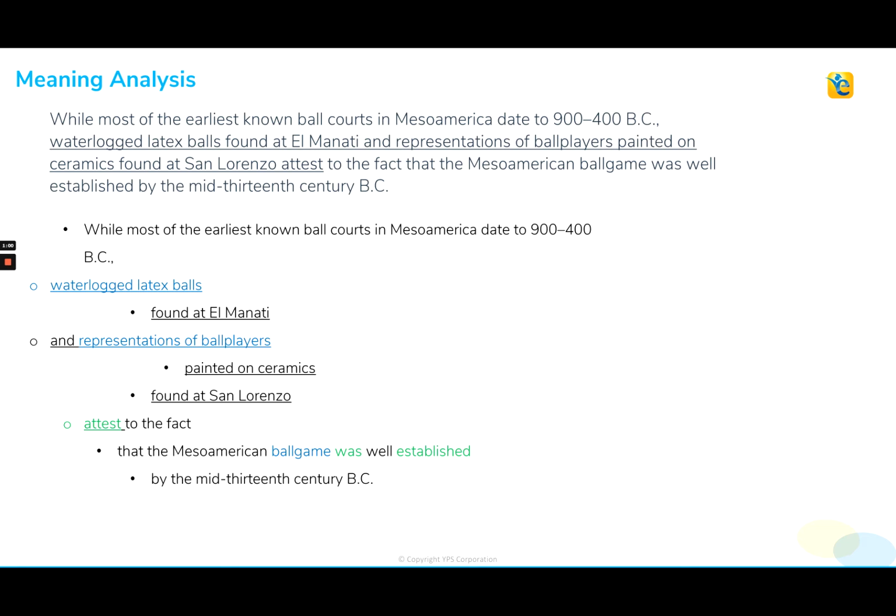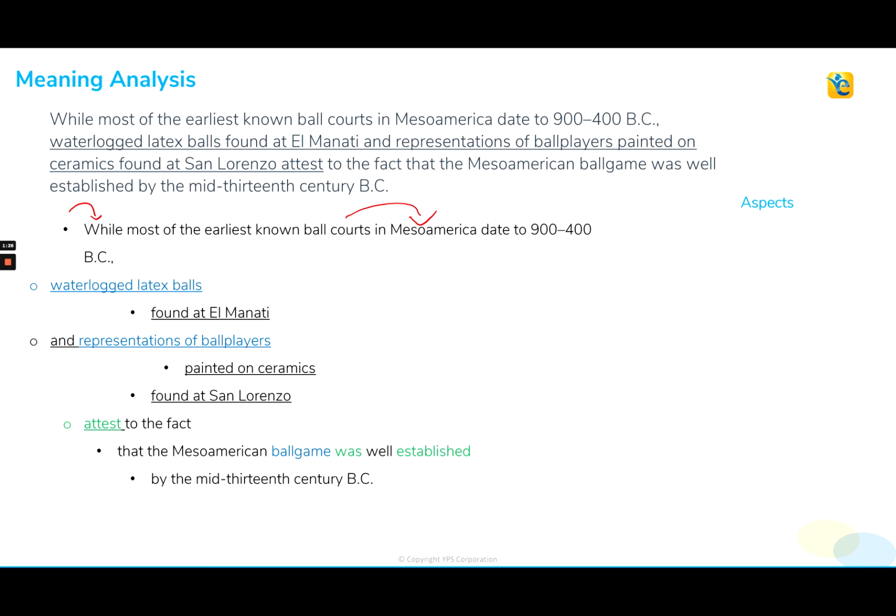While most of the earliest known ball courts in Mesoamerica date to 900 to 400 BC. So right away, I know that I've got some kind of contrast being presented here. I've got while. So while most of the earliest known ball courts. Okay, so these ball courts are in Mesoamerica, and they date to 900 to 400 BC. Makes sense.